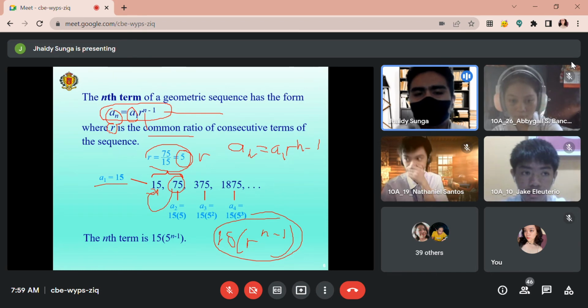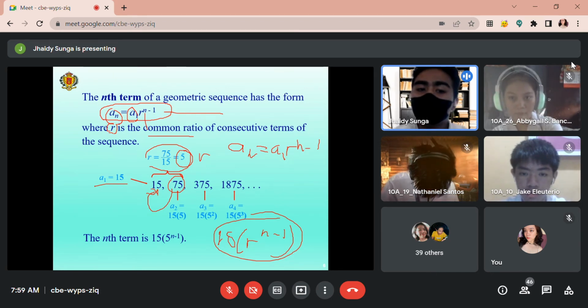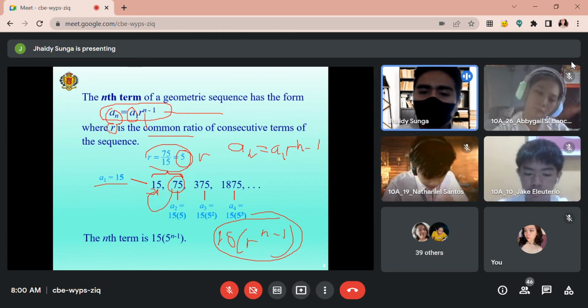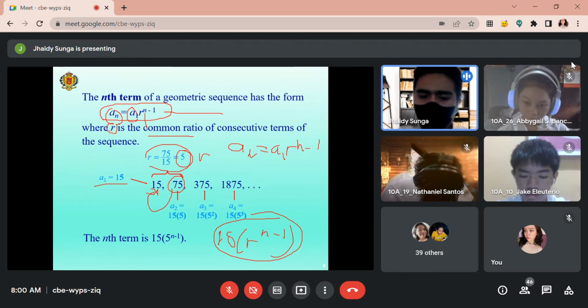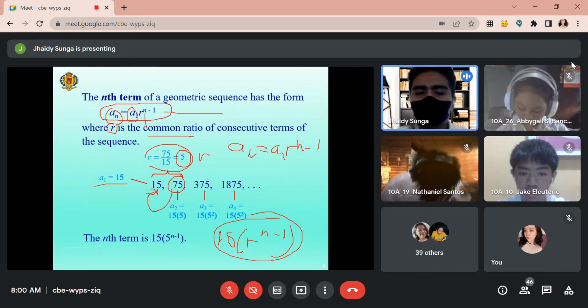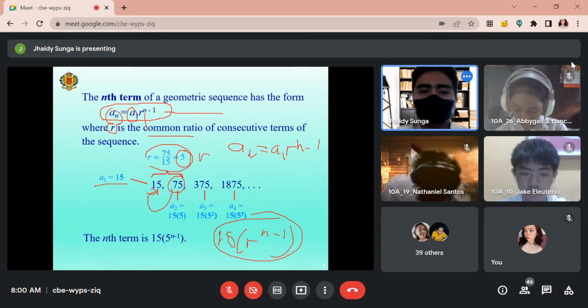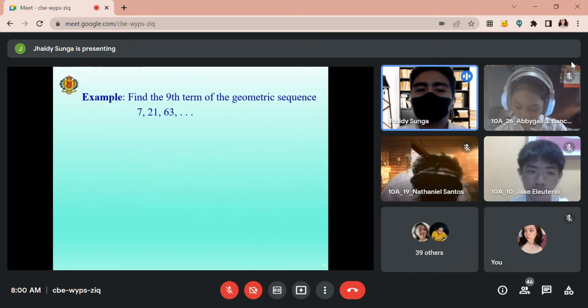But if the term number is given, we could find the nth term. It's really the same as the discussion on arithmetic sequences. Okay, so let us have this example.